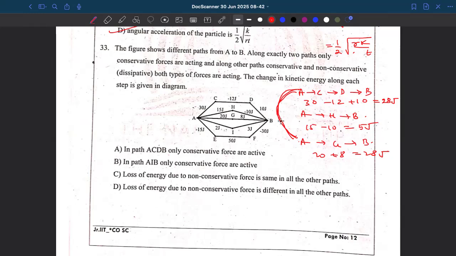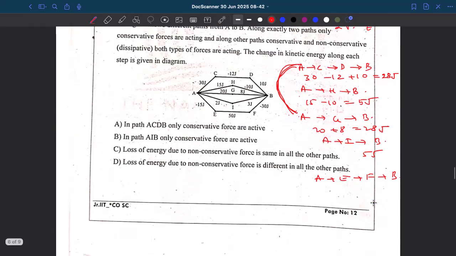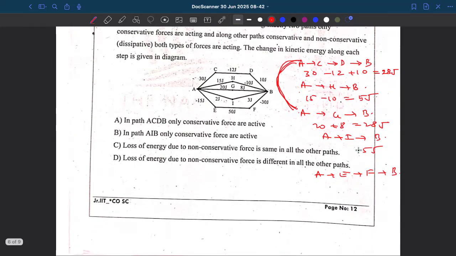Again, A to I to B. It is simply 5 joule. A to E, E to F, F to B. How much is that? 5 joules. Right. I have noticed that there are two such paths.